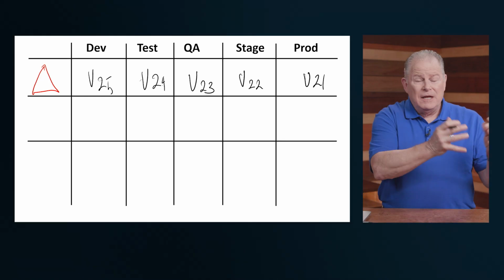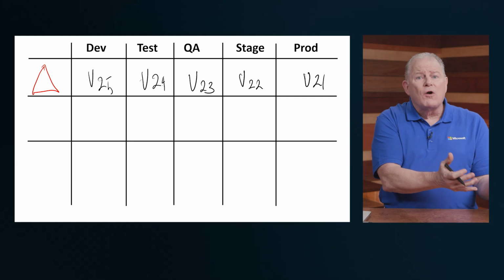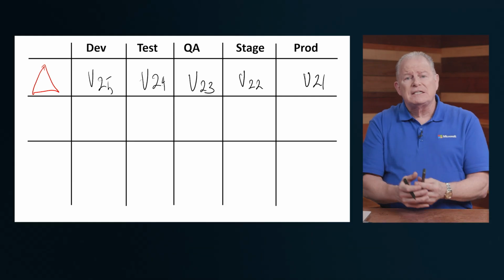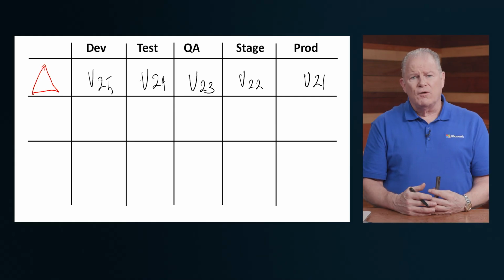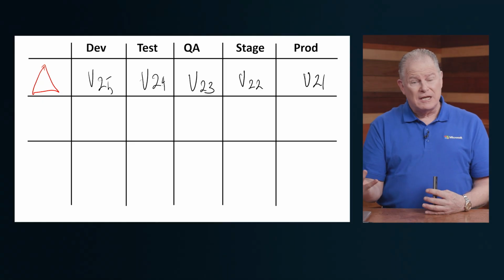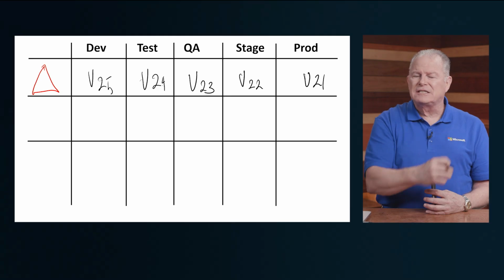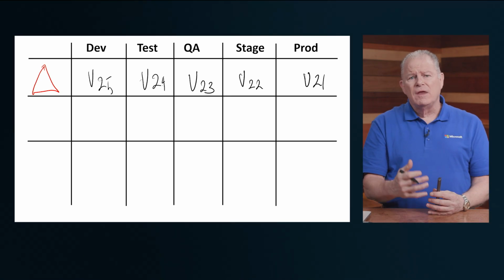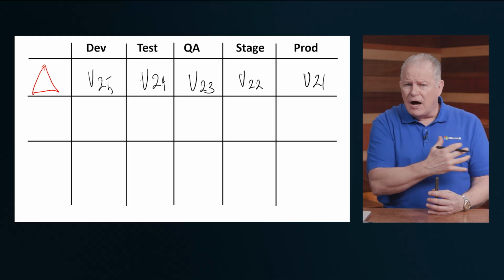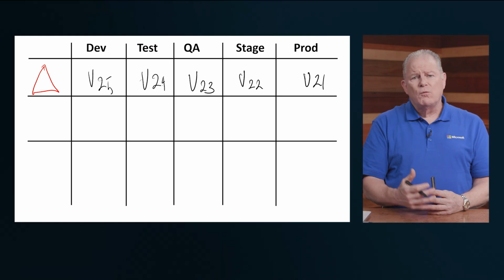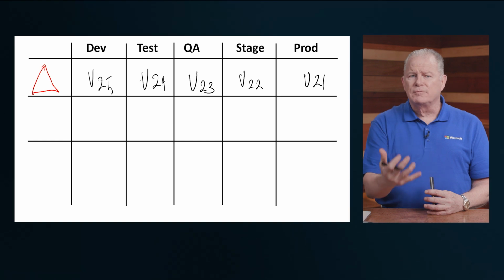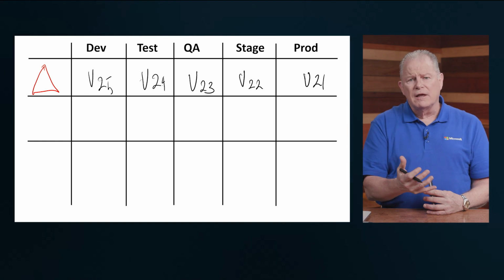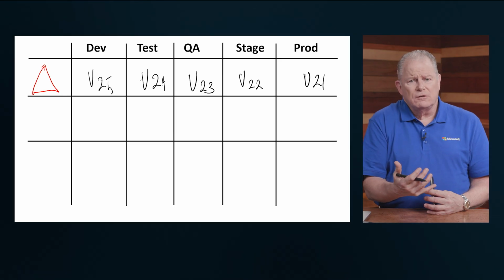It's now V25, it's ready to go into test, you move it over to test, and if someone didn't change the configuration to point to the test database, it's now running in test, but it fails because it's trying to gain access to maybe a network protected database that was back in dev. So as we automate this entire process, wouldn't it be nice if we could pass variable values into the life cycle of my applications as we're going along? That's kind of the concept we're taking a look at here.